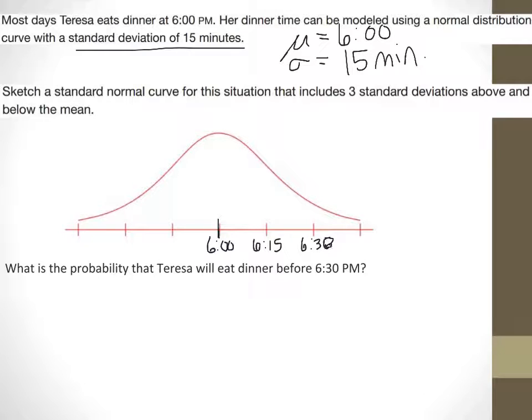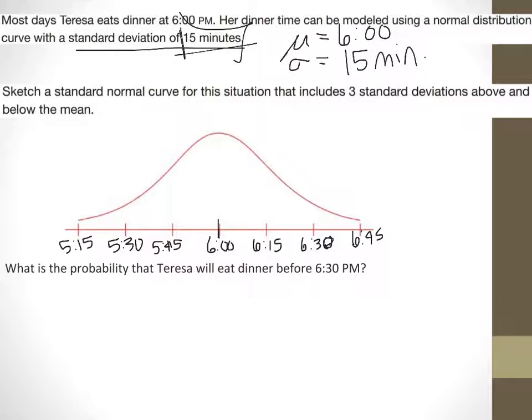That's 2 standard deviations out, and this last one is 6:45. If I go backwards, this would be 5:45, 5:30, and 5:15. Again, I'm going in 15-minute intervals because of what my standard deviation is.